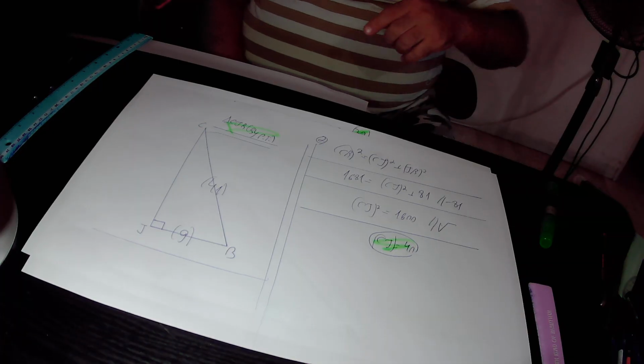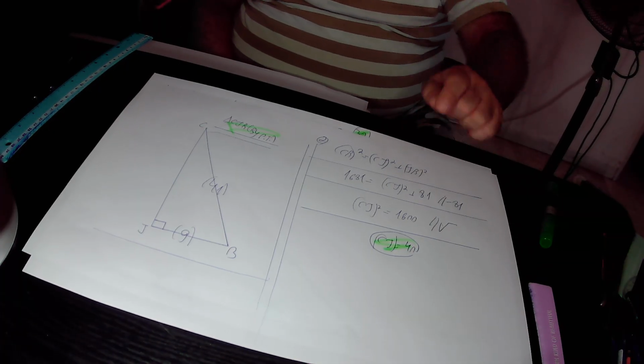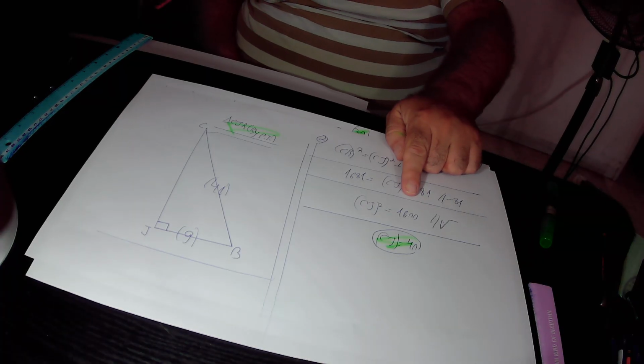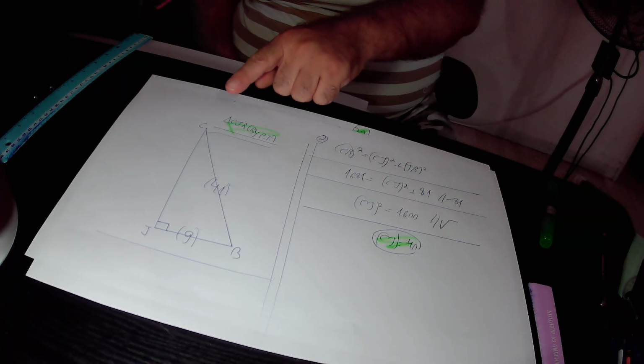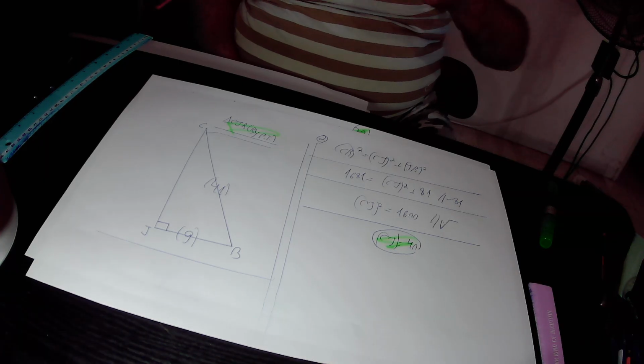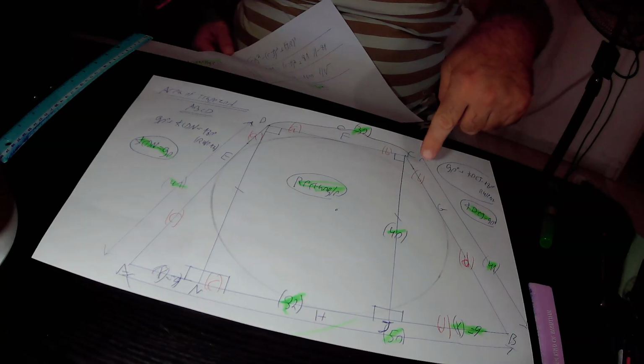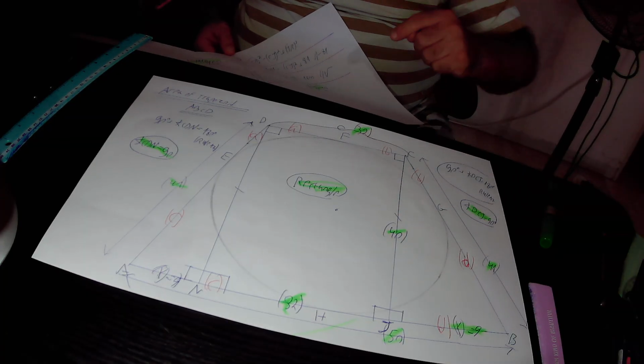Taking the square root, the missing side CJ equals the square root of 1600, which is 40. So the missing side CJ equals 40 units in its length.